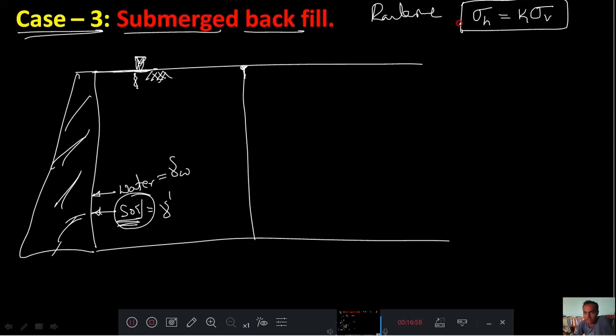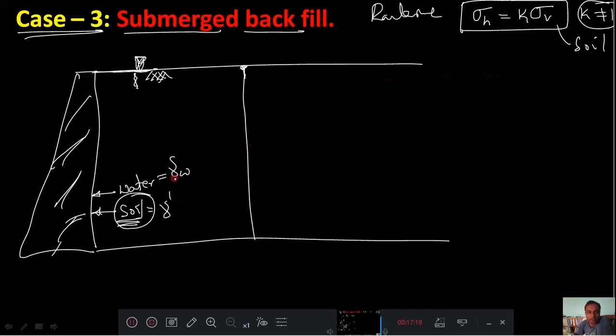This is Rankine's theory. Rankine's theory tells that the horizontal stress and the vertical stress are not the same. They depend on each other. To calculate, sigma h equals K into sigma v, and K is not equal to 1. This is for soil.